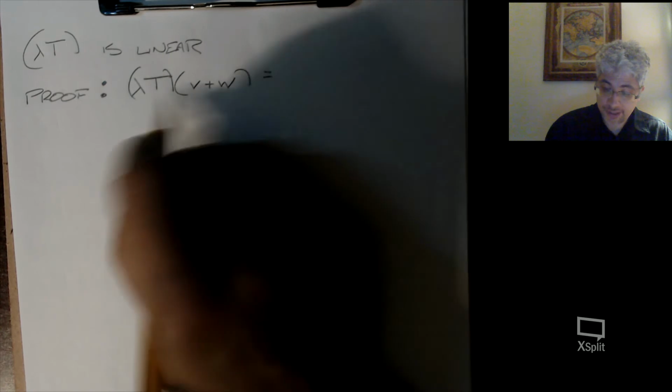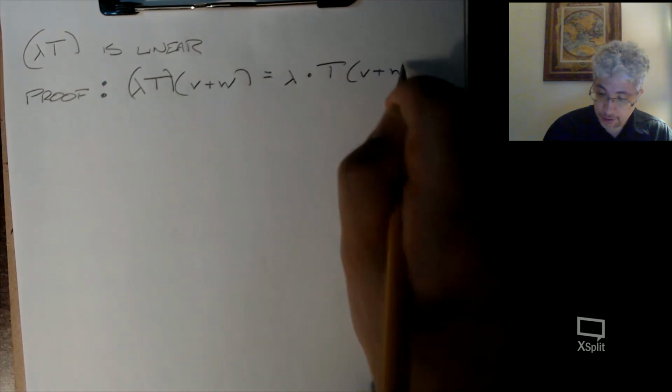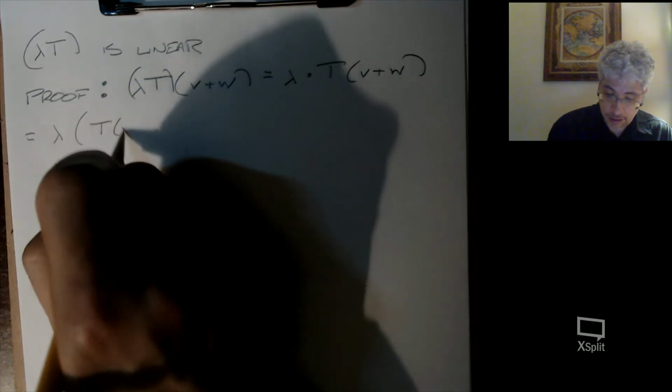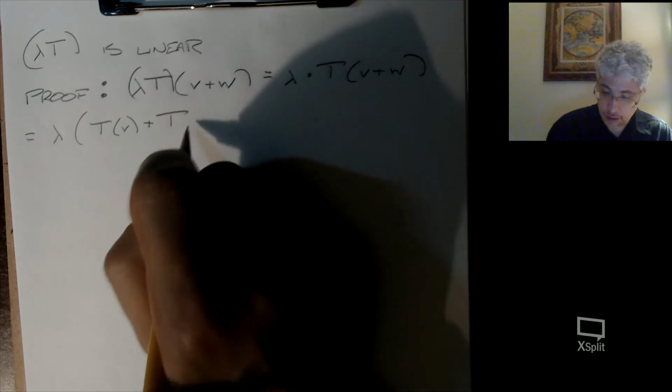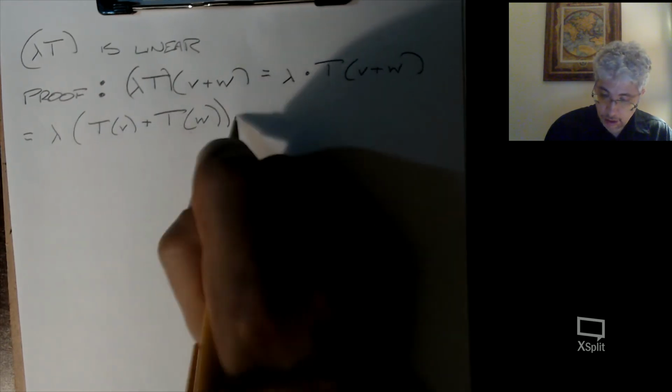Now, what's this defined to be? This is defined to be lambda times T of (v plus w), which is equal to, because T is linear, T of v plus T of w.